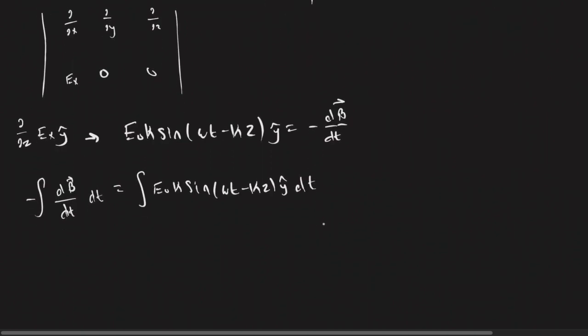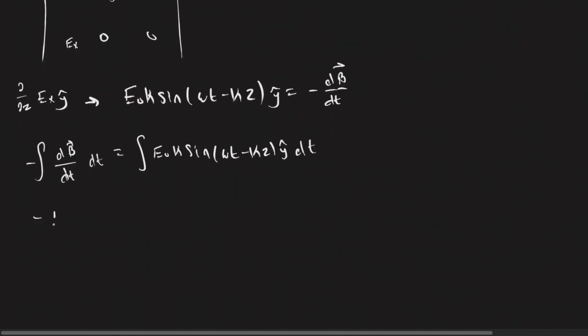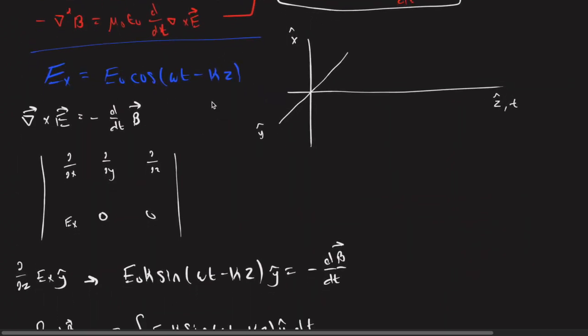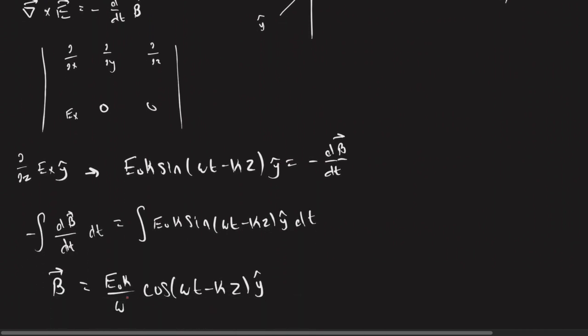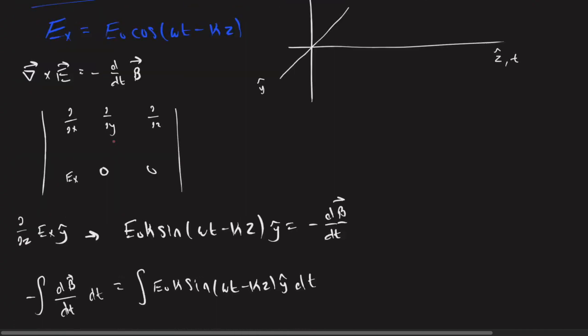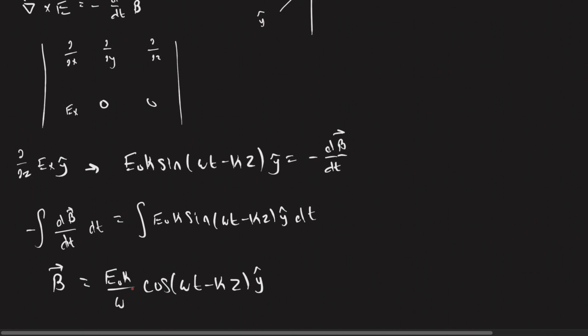This will give us minus B is equal to E naught k over omega times cosine of omega t minus k z, and we see that our vector component is in the y hat direction. So basically we got the same electric field times k divided by omega.